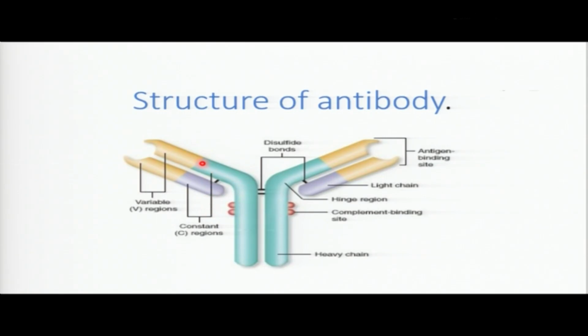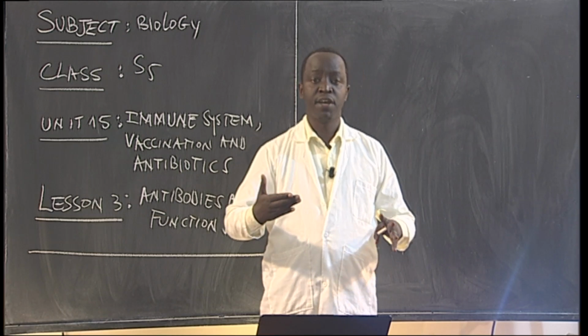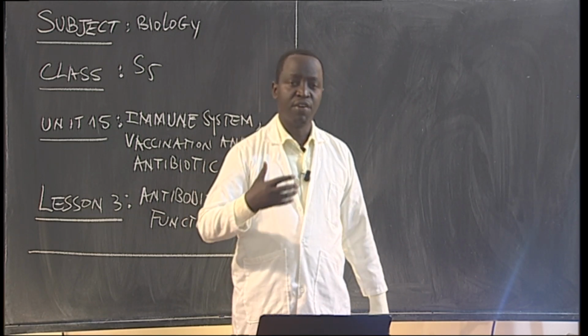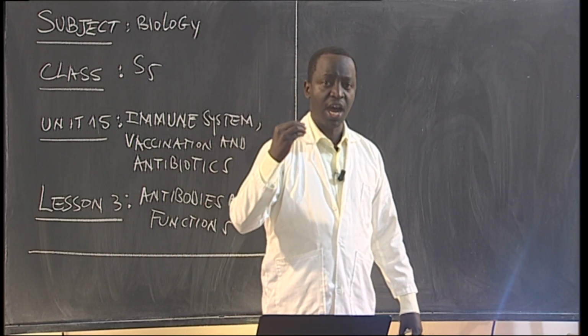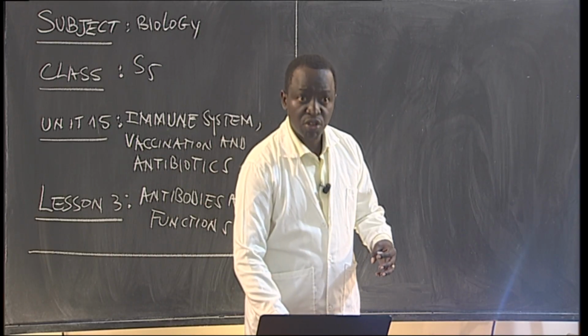We have this region from here to here, and even here to here. Those are constant regions. They are not changing. But the yellow color ones do change. They are variable. They can vary according to the antigens that are coming to attach here.